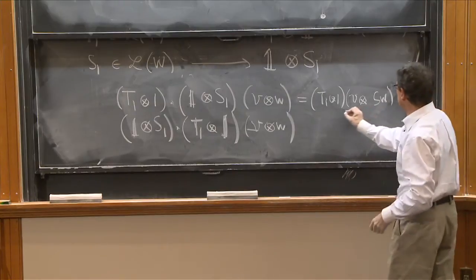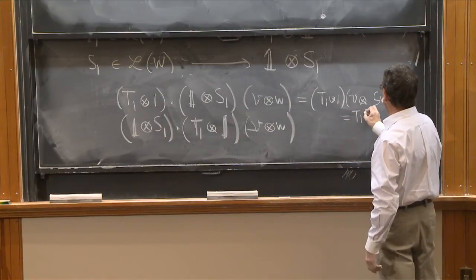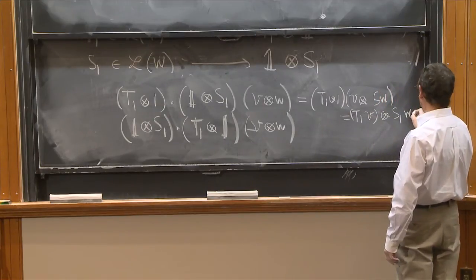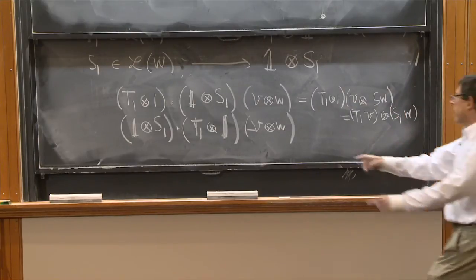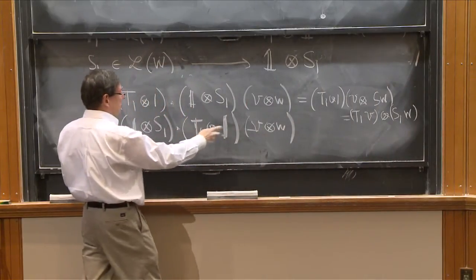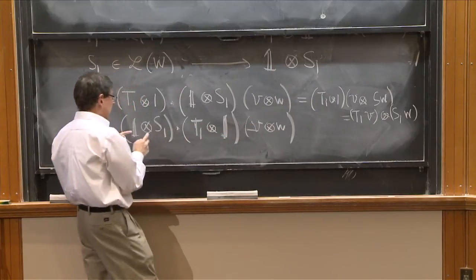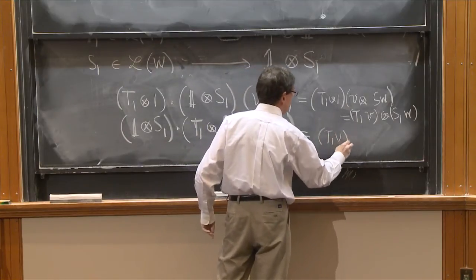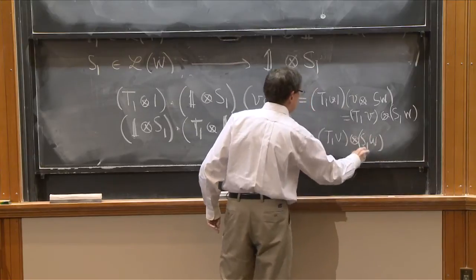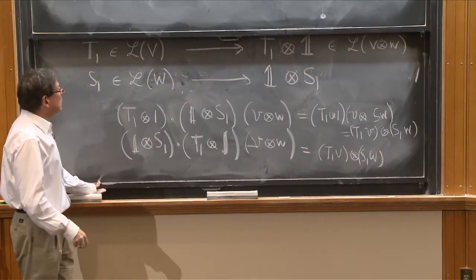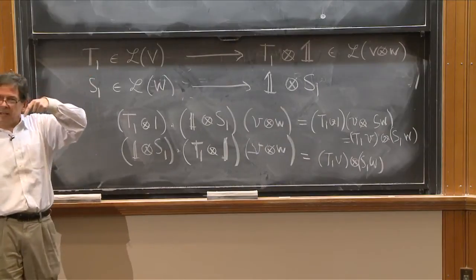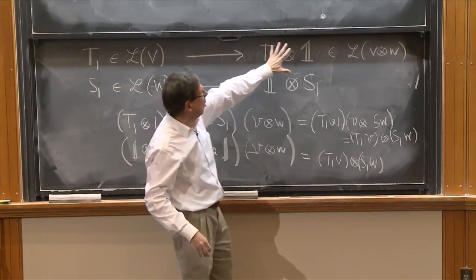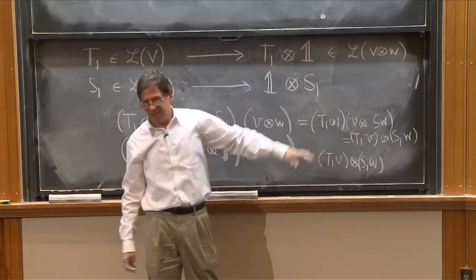And then when I act on this one, I get now T1 on V tensor S1 of W. And when I act here, the first step gives me a T1 on V, and the second gives me the S1 on W. So it gives me the same thing, T1 on V, S1 on W. So these two operators, because they originated as an operator of the first particle and an operator of the second particle, can act on the whole system, but they still commute.